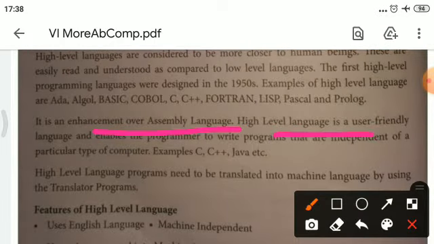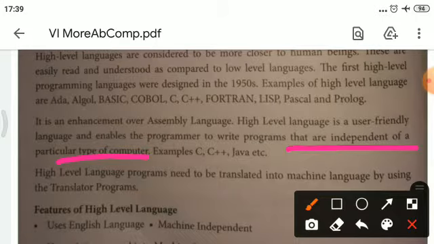And high level language is a user friendly language and enables the programmer to write programs that are independent of a particular type of computer.